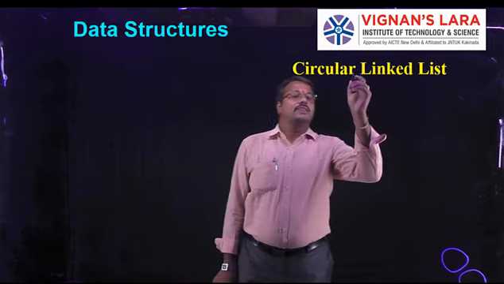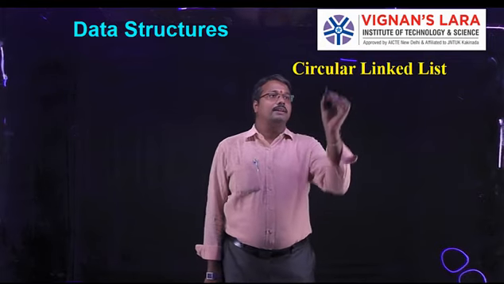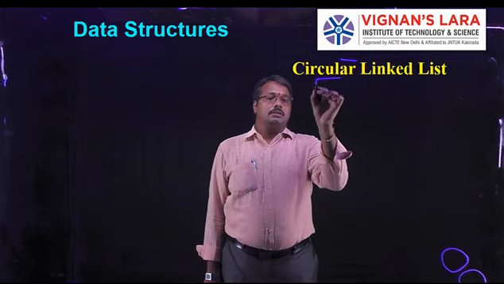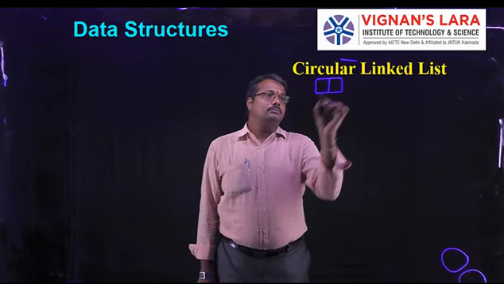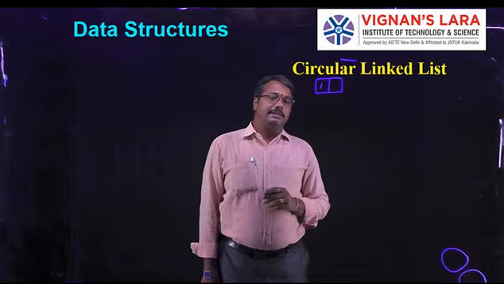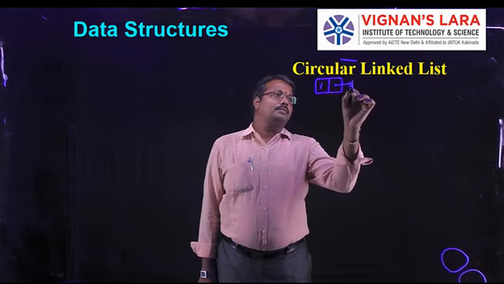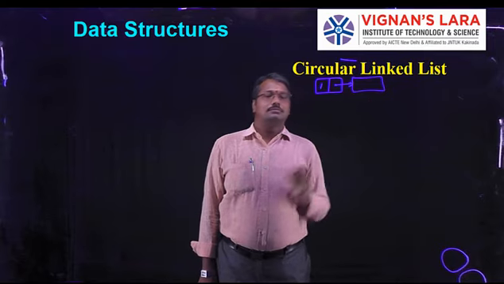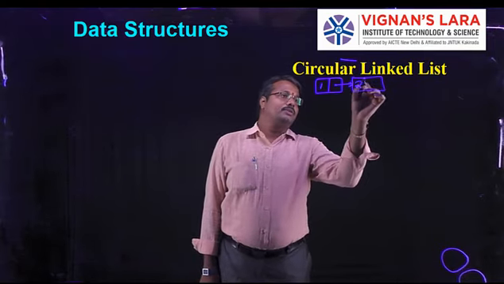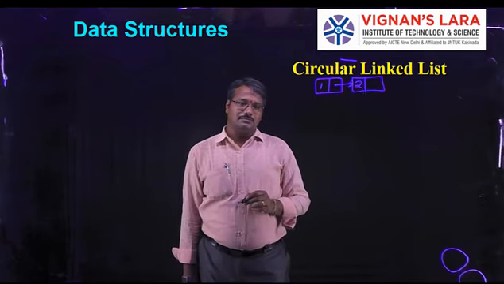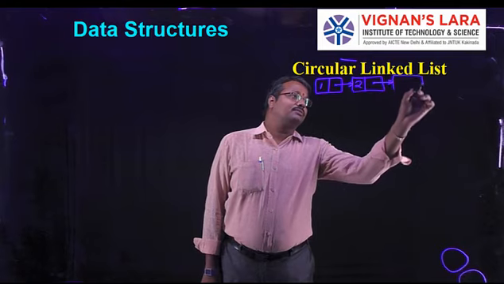Say, for example, this is a node. In this node, 1 is an element, plus the address of the next node. Then 2 is an element, again with the address of the next node.